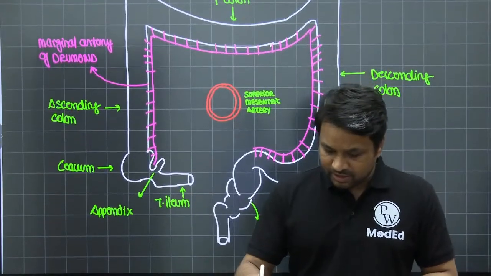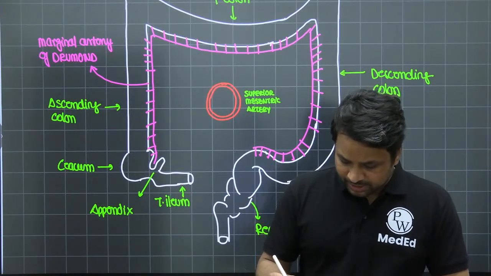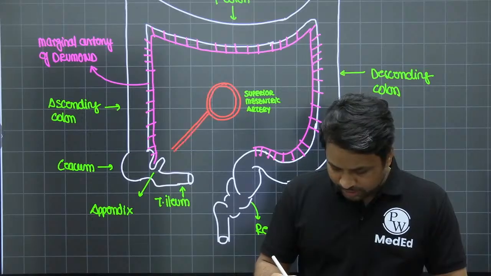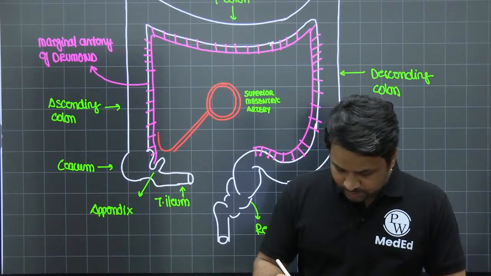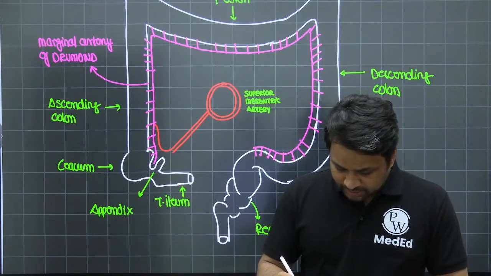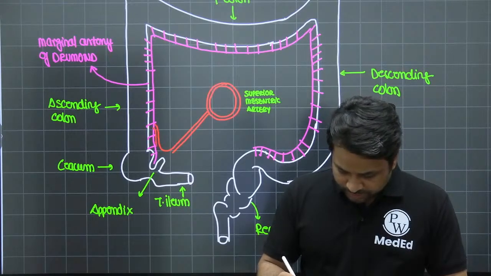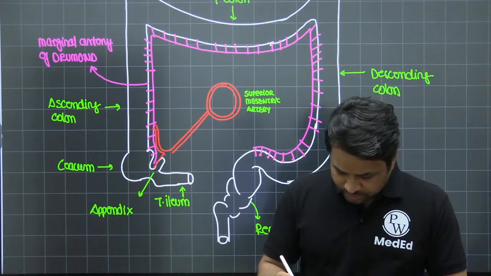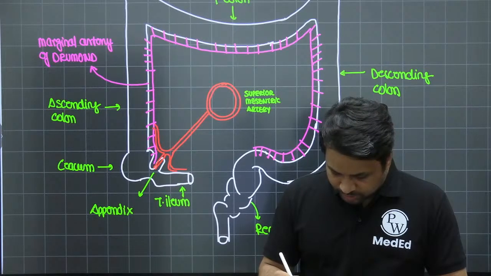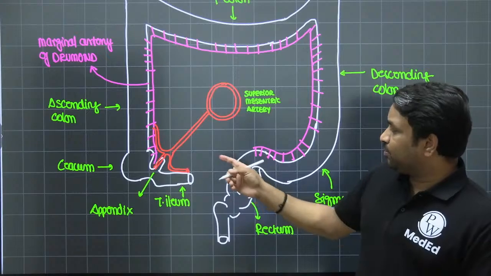The first blood vessel that you can see is the ileocolic artery. The ileocolic artery gives rise to the blood supply to the proximal end of the ascending colon. It gives rise to the blood supply to the appendix, so the appendicular artery is going to be from here. And then it also supplies the blood to the terminal ileum, right? So these are the three principal supplies.